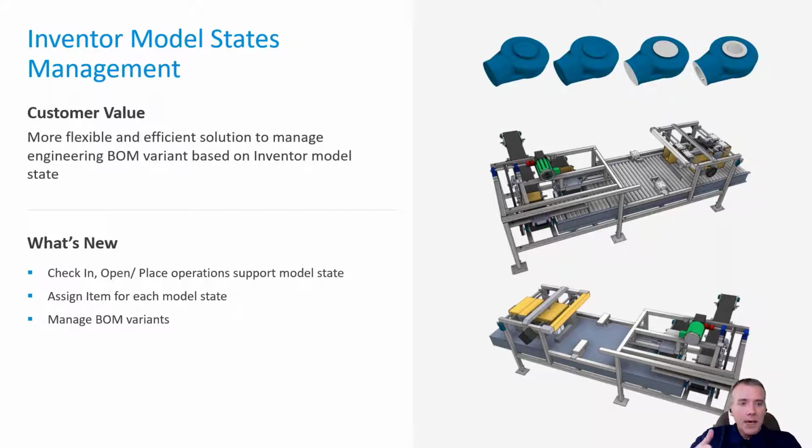But model states, I've been told not to think of them this way, but I personally think of them kind of like iParts and iAssemblies, but all in a single document now. So we have the ability to keep track of, for example, a casting where we have the raw cast component. There's some machining operations that take place after that.